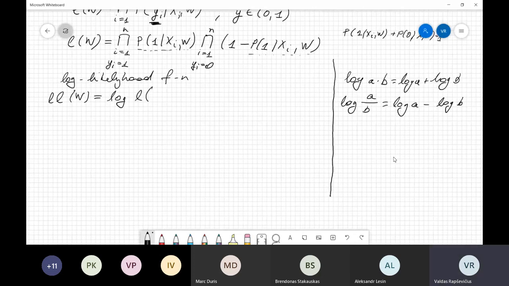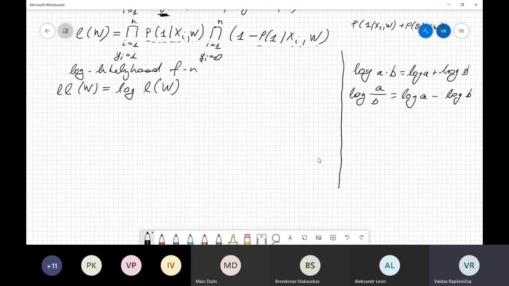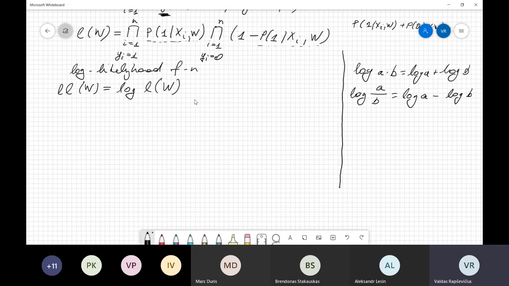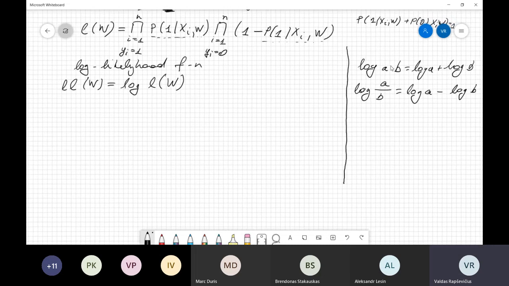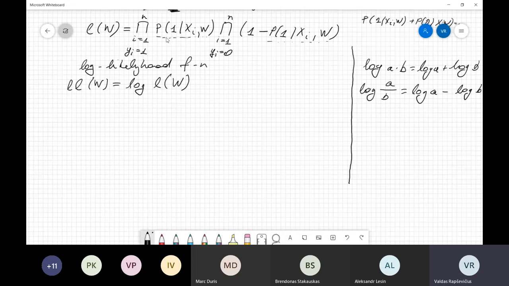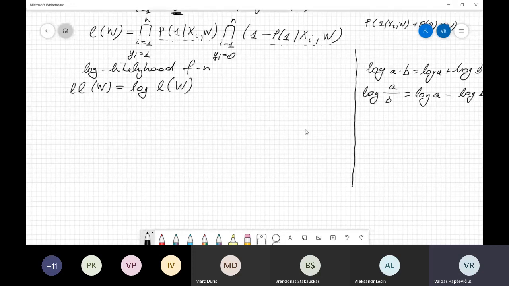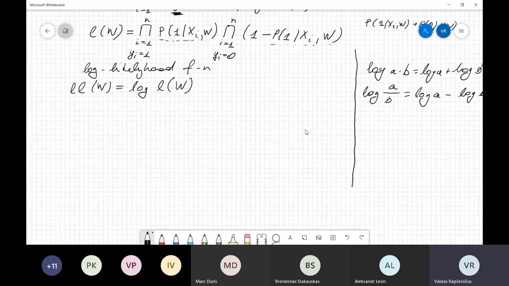It has the same properties: if we want to maximize it, we maximize; if we want to minimize it, we minimize. No problems about this. We put the likelihood under the log in order to get rid of the product by using this rule, so we can get out of these products which are standing in our way.